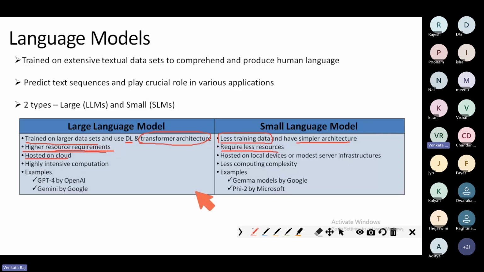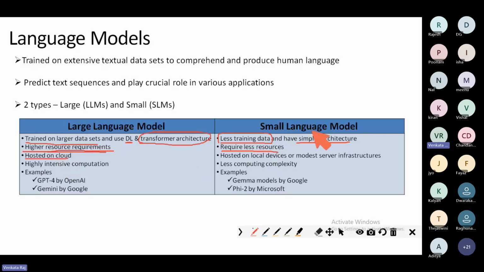Because they need high resources for their operation and cloud promises that, right? Because cloud can auto scale. Vertical scaling can be possible. Horizontal scaling can be possible using the cloud infrastructure. So LLMs, or large language models, are primarily hosted on the cloud, everyone.